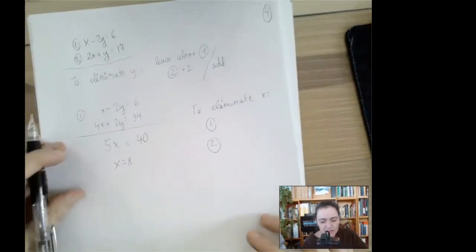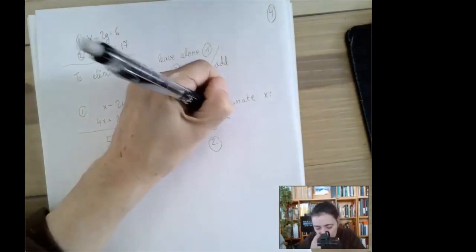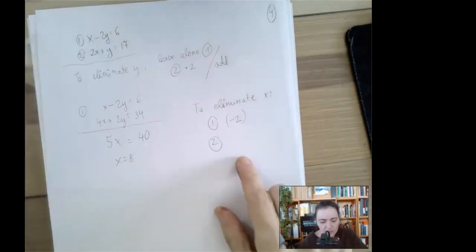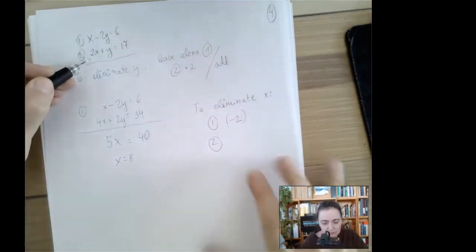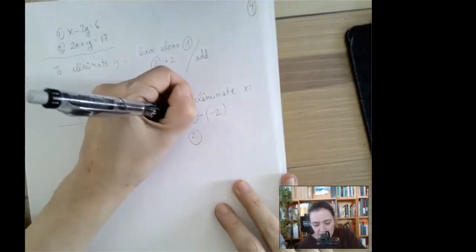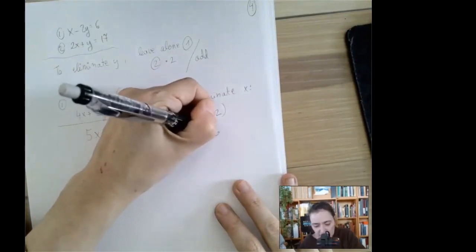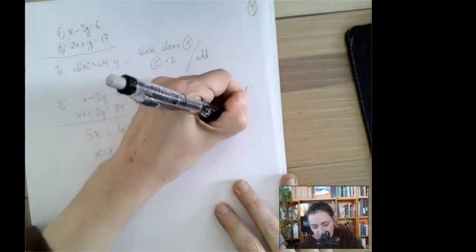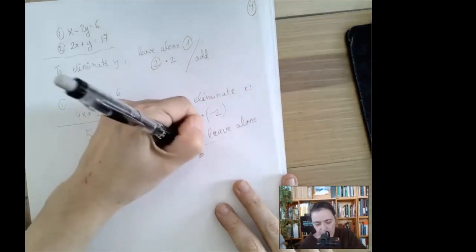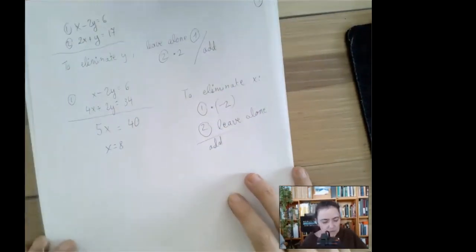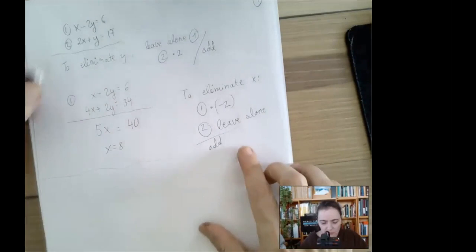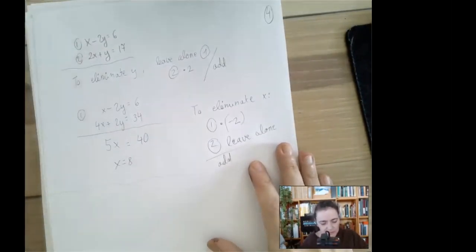So what I would do is multiply the first equation by -2, so -2x plus 2x, and leave alone the other one, and then add. So the first equation, we're going to multiply it by -2.